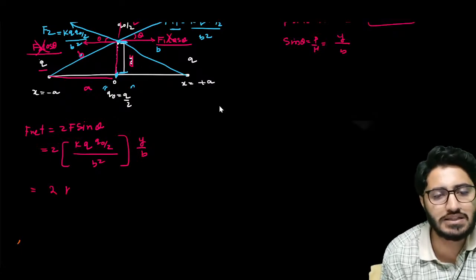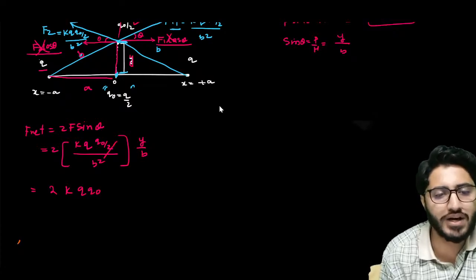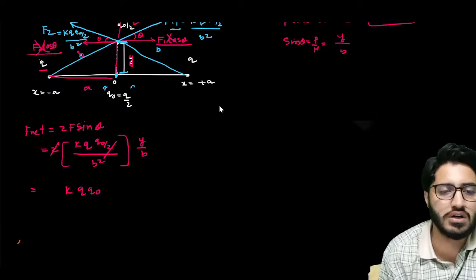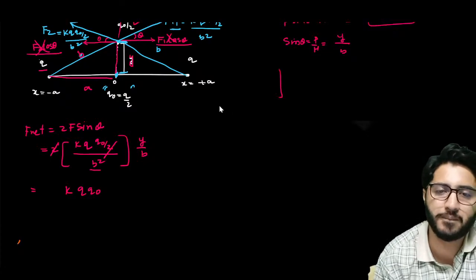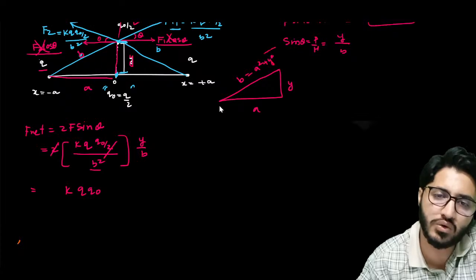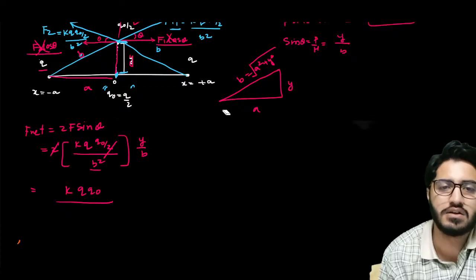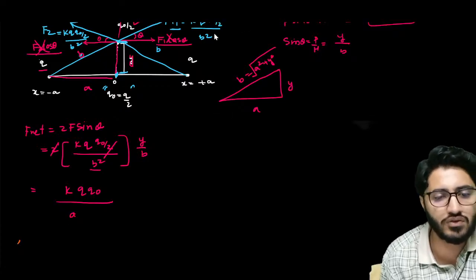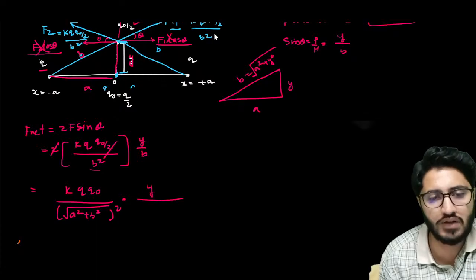Look now. 2 is 2, K is K. I can write Q, then Q naught. The 2 gets cancelled out, so there is no need to write this Q now. B square: what is B here? Look, this is A, this is Y. So my B came out to be the square root of A square plus Y square. So I will write it as A square plus Y square, whole root, then square, multiplied by Y whole divided by B. What is B?